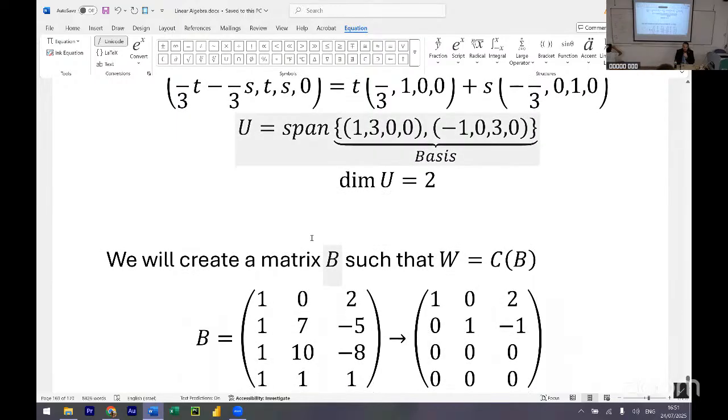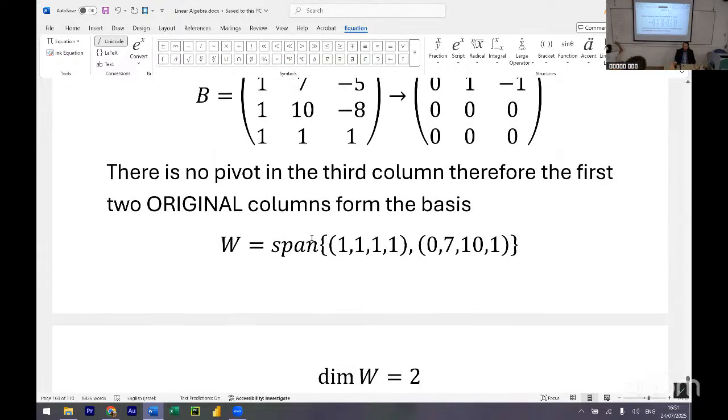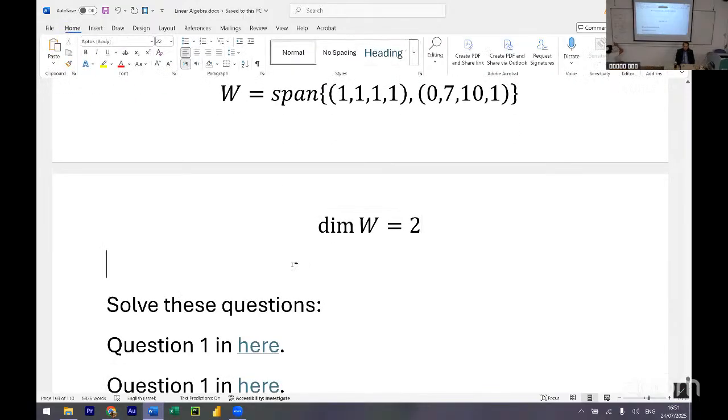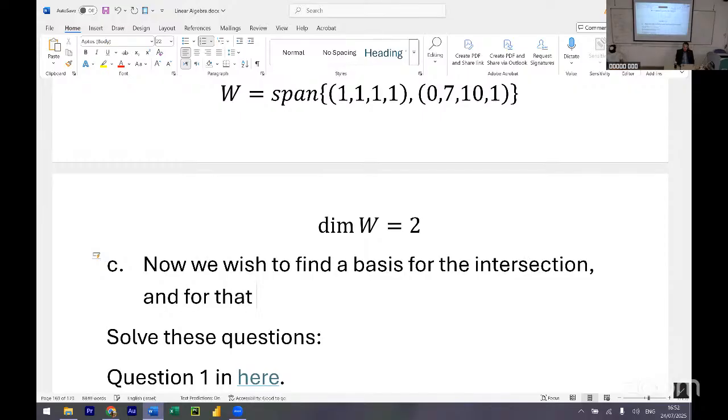First thing, we wish to find a basis for the intersection. And for that, we prefer the algebra.